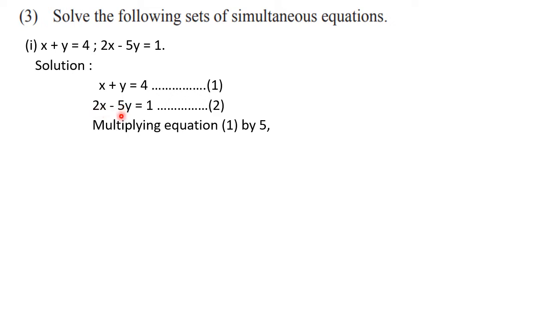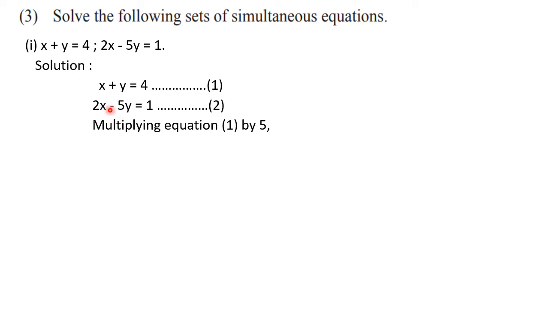Here I am equating the coefficient of y because the signs are opposite. You know that when the signs are opposite, addition is going to cancel that particular variable. So always choose the variable where the signs are opposite. It is more convenient. You know that adding is simpler than subtraction.